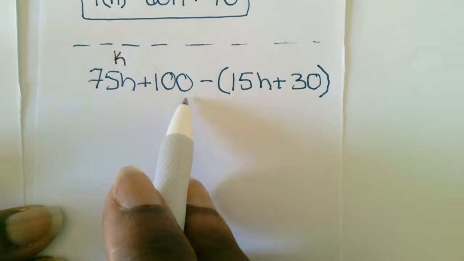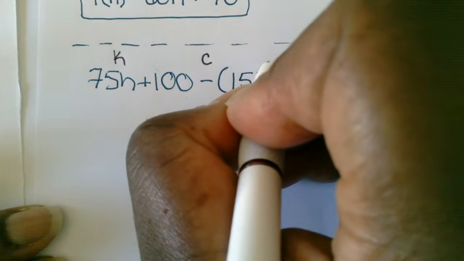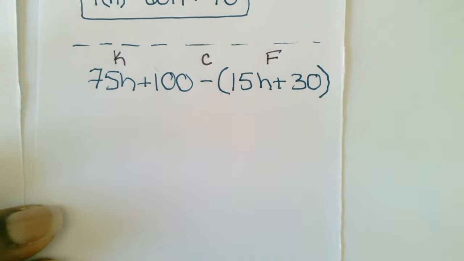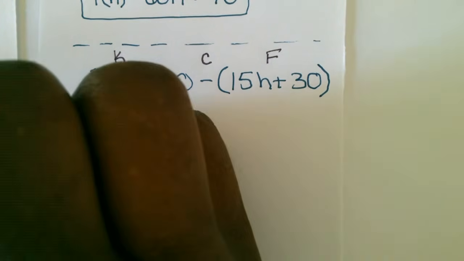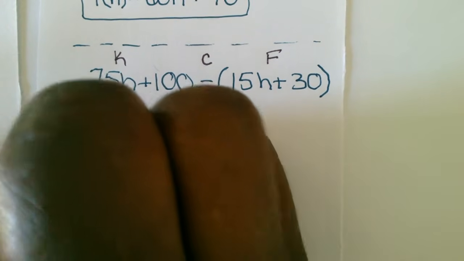We're going to keep this first expression. We're going to change that minus to a plus, and then we're going to flip all the signs in the second parenthesis. Okay? So you have your 75, that stays the same, 75h plus 100.